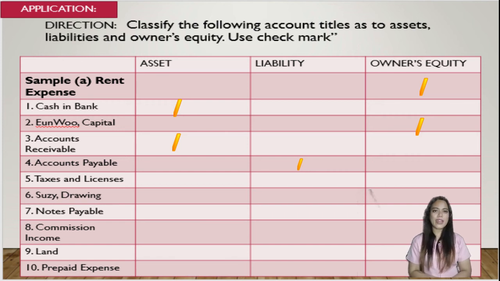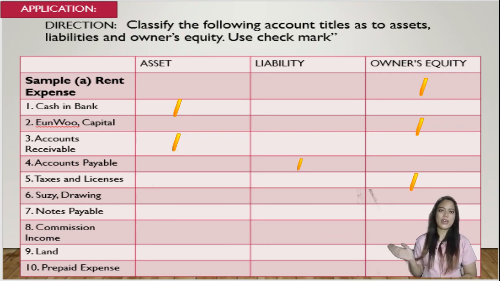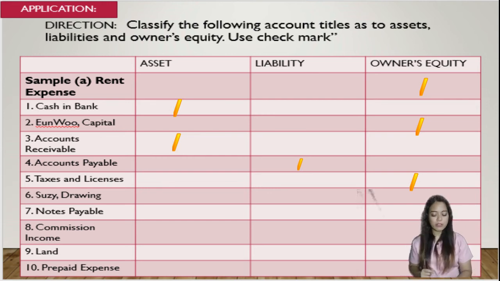Number 4, accounts payable, is liabilities. Taxes and licenses are expenses. Drawings is under owner's equity. Very good.